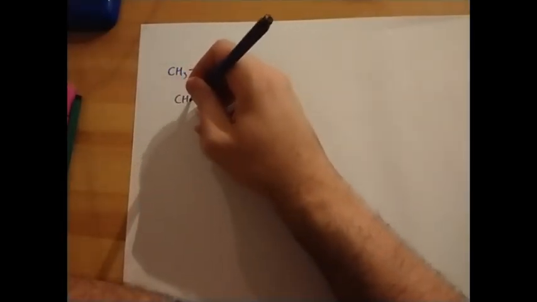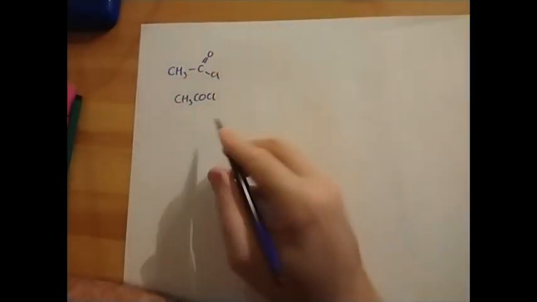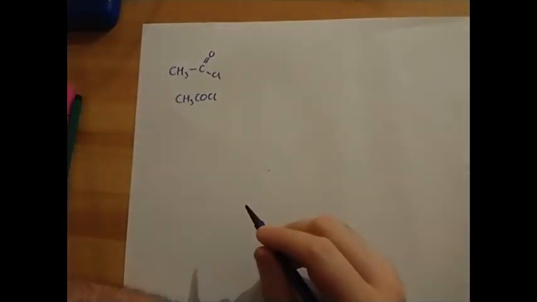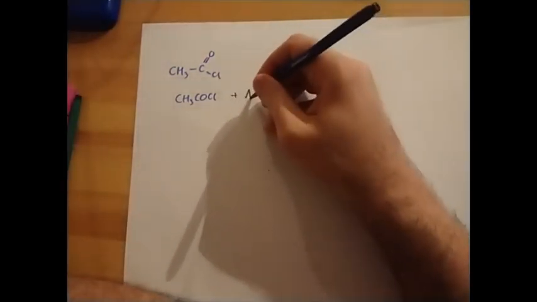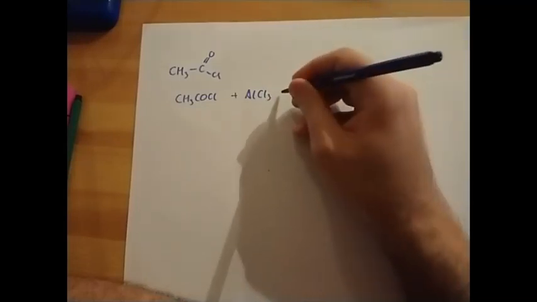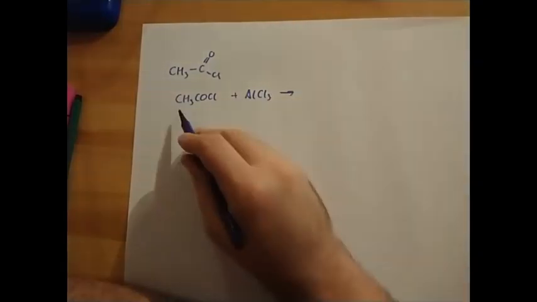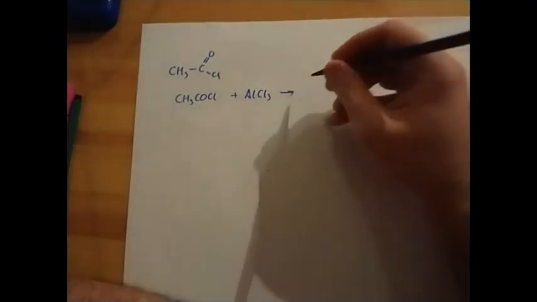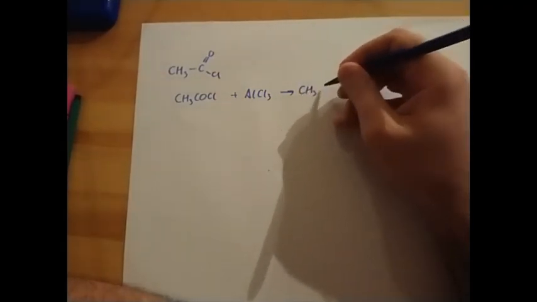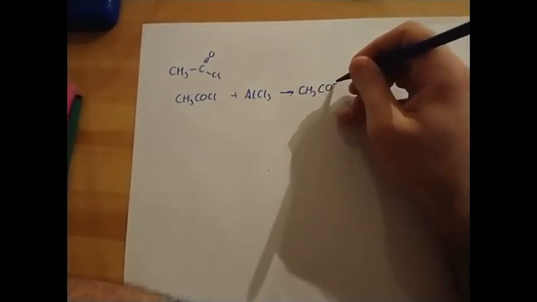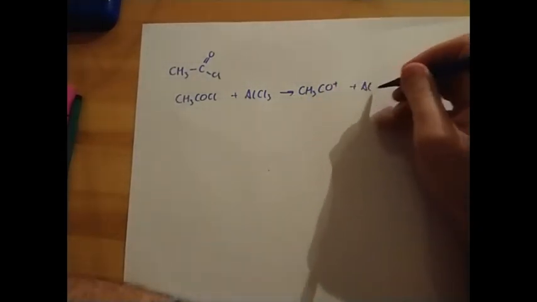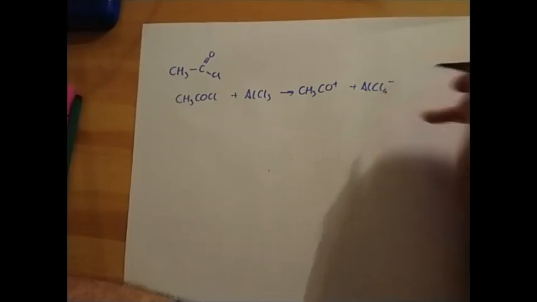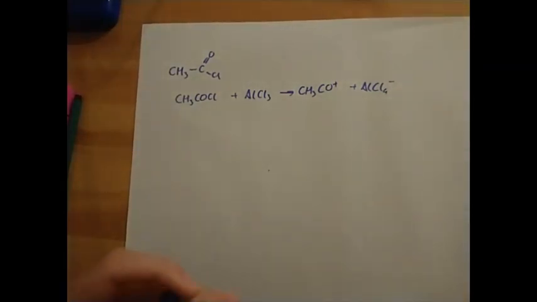Or that's also how you might see it written, CH3COCl, the acyl chloride group, often called a COCl group. So react that with the aluminium trichloride. Your acylium ion is going to be CH3CO+, because we've lost the chlorine, and we've also now got the AlCl4-.